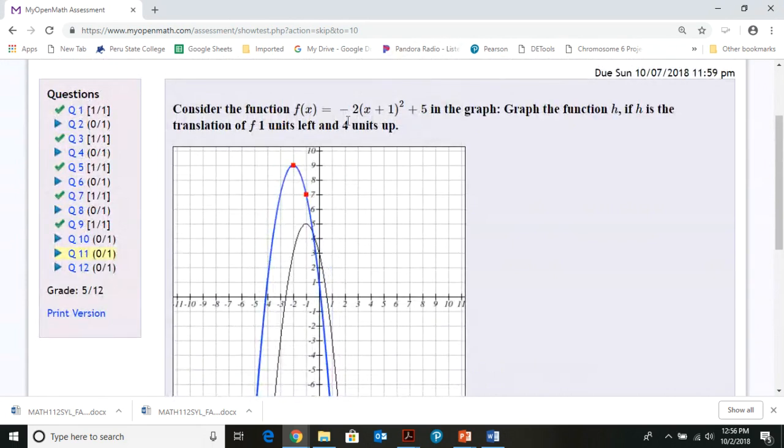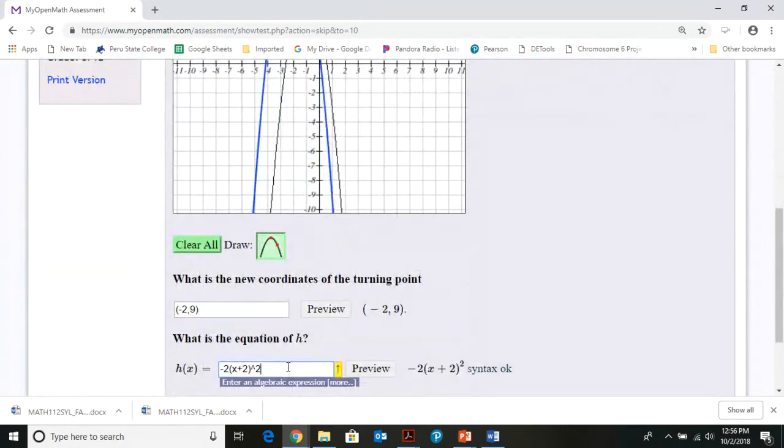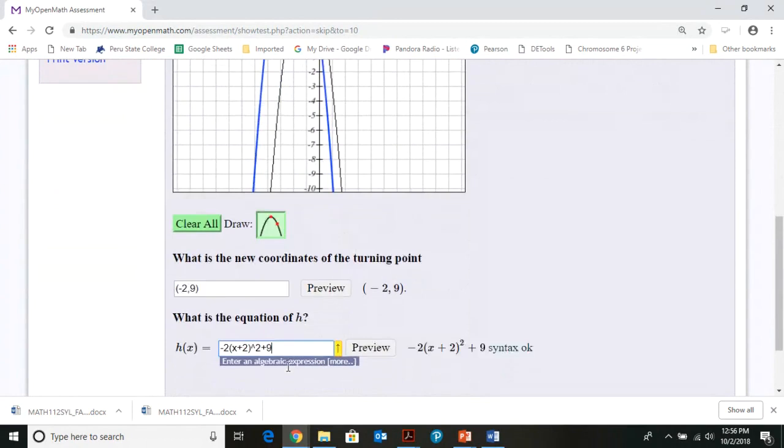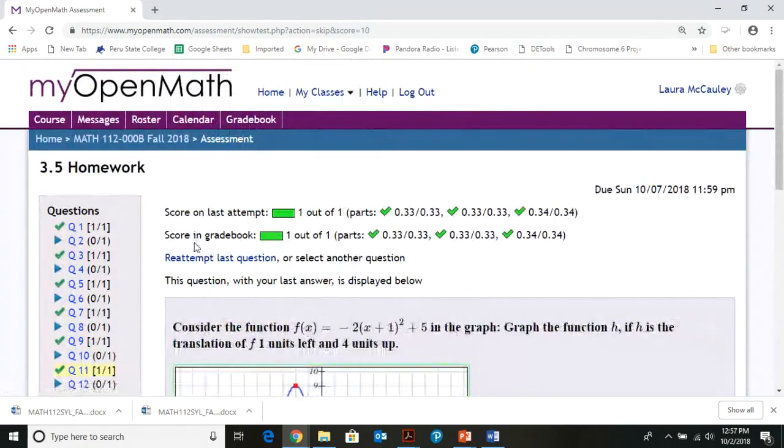All right, so this is what it looked like originally. So moving left 1 actually adds a 1 into the equation. So now it's x plus 2. And then it was 5 units up. We moved it an additional 4, so now it's 9 units up, so plus 9.